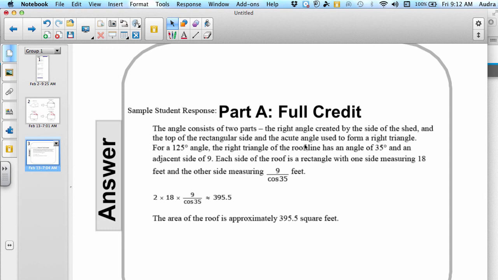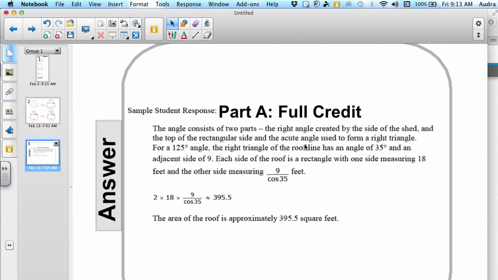And then it explains how they split the 125-degree angle into 90 and 35. And the adjacent side was 9 because half of 18 is 9. And then they go through setting up and finding the measurement of the side. They just wrote it as the trig ratio. You could calculate the trig ratio and put in your decimal answer right here if you needed to. And then from there, do your multiplication to get the area of your roof.